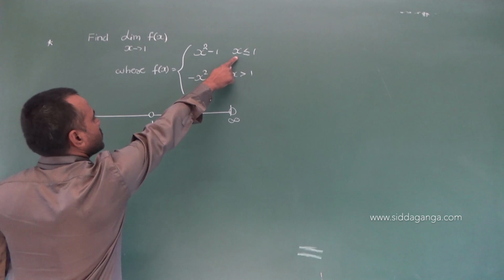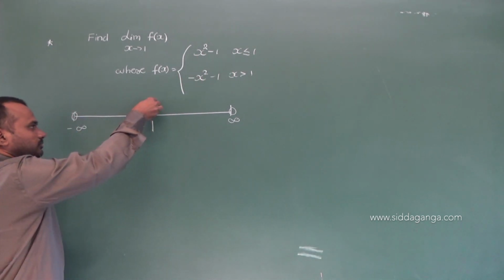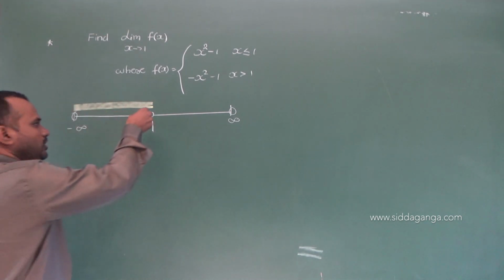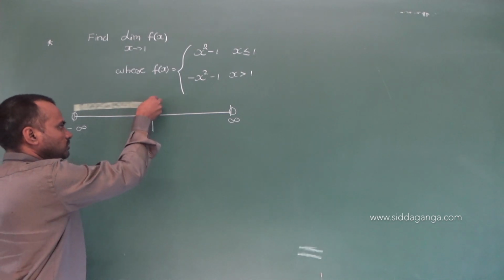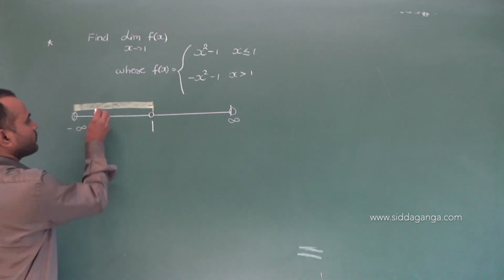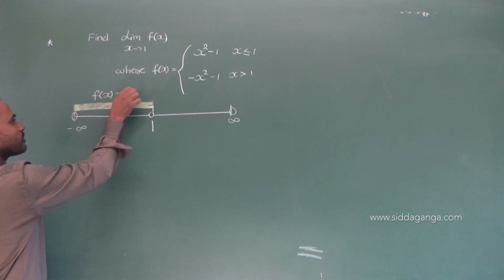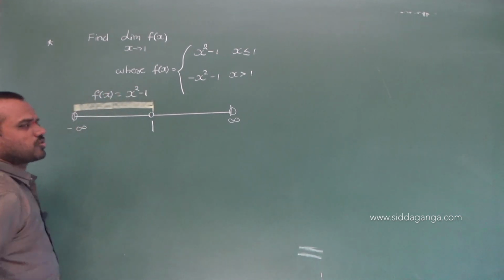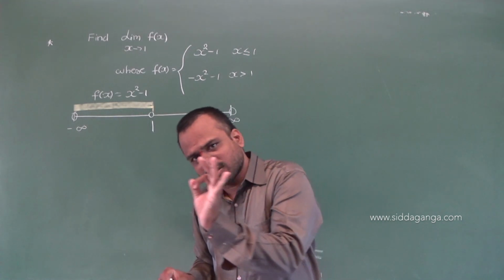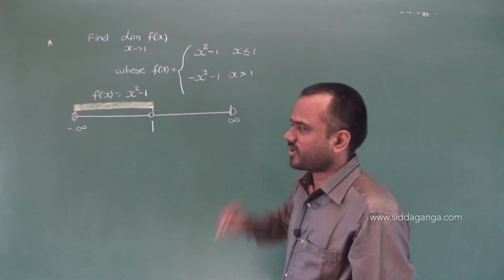For x less than or equal to 1, the function is x square minus 1, including 1. If we use the domain less than or equal to 1, at that time we use the function x square minus 1.